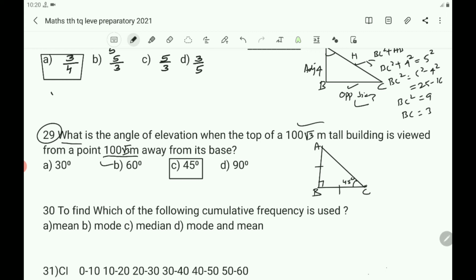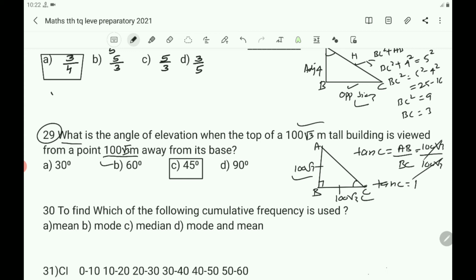Naturally you will get 45 degrees here, or otherwise, you know that this is 100√3, this is 100√3. By using these two, how will you get the angle? Know that tan C equals opposite side AB by adjacent side BC, that is O by A. So tan C equals 100√3 by 100√3.